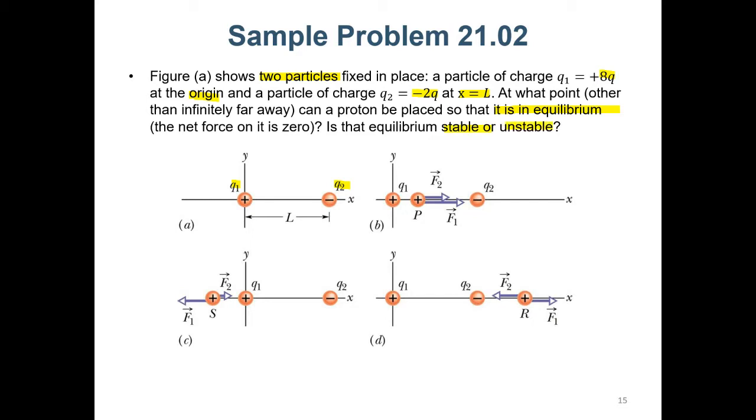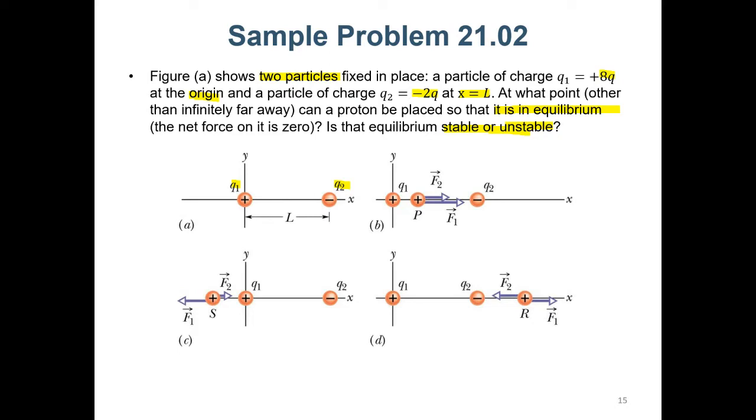This concept is a bit difficult to understand, but I'll try my best to explain it to you. So here we have two charges. One is Q1, one is Q2. This is positive, this is negative. And we hope to put a proton somewhere so that the net force is 0. So there are three cases.